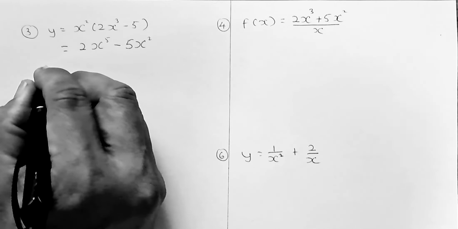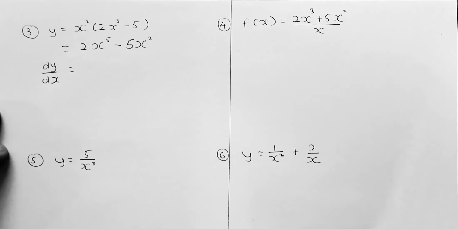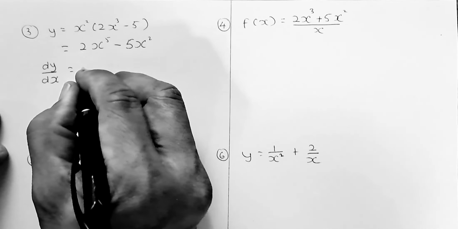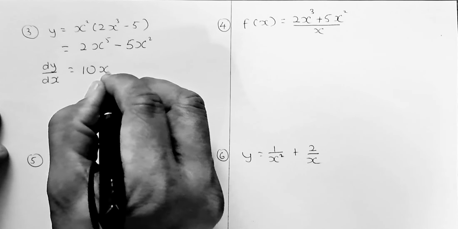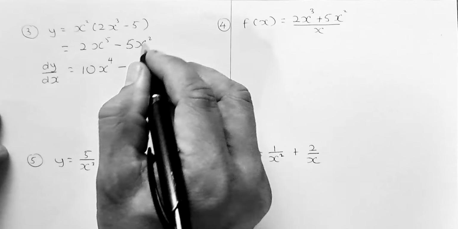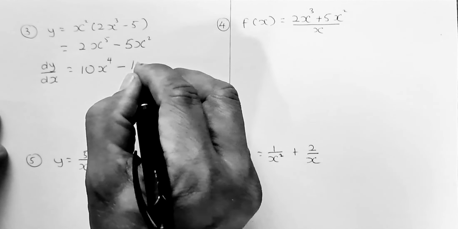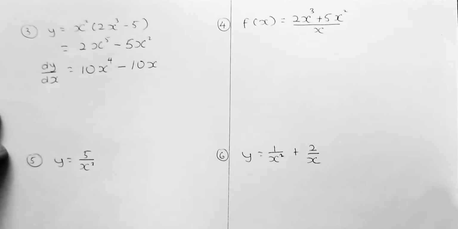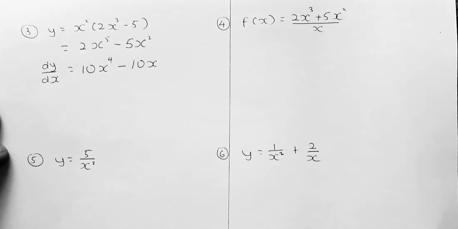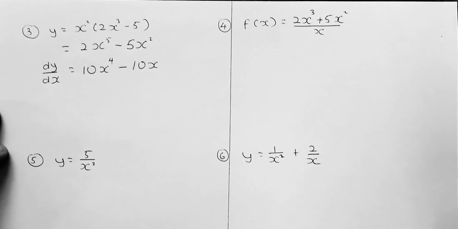When you have a y, you put it as dy/dx. So 5 comes down, 5 times 2 is going to be 10, and the power is reduced by 1, so 10x^4. And the second term, the 2 comes down, 2 times 5 is going to be 10, 10x to the power 1, so you don't have to put a 1. That is how you differentiate the expression in example 3.